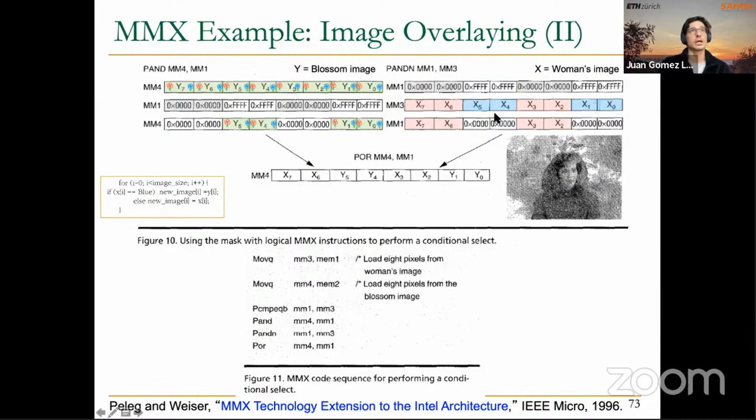We apply the mask in this case, and then we obtain these intermediate results that now we combine with the intermediate results for the blossom image, and finally we obtain the final image that has the pixels from the original image of the woman, and pixels from the blossom, and that's going to be the result, as you see. And here you can see the code, and you can find many more details and also more examples in the original paper, which is one of the papers that I recommended in the beginning of the lecture.